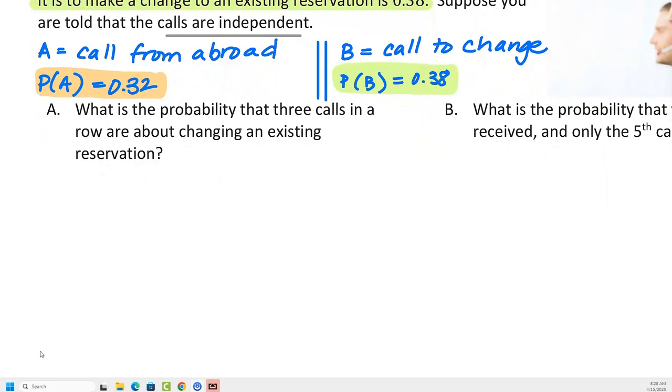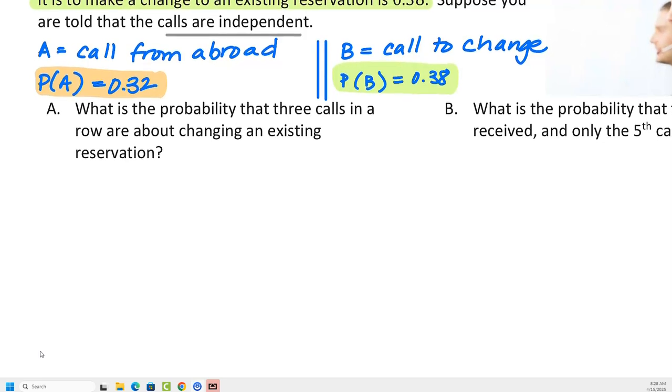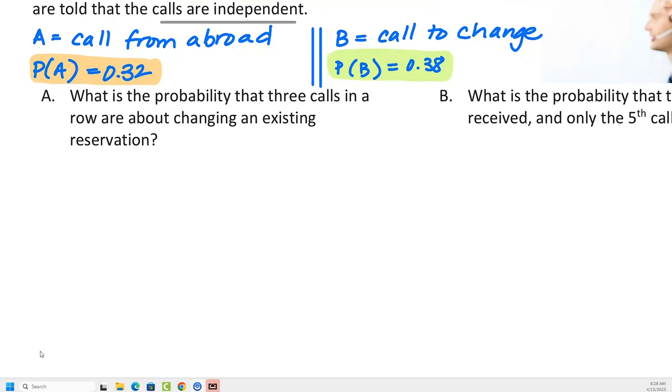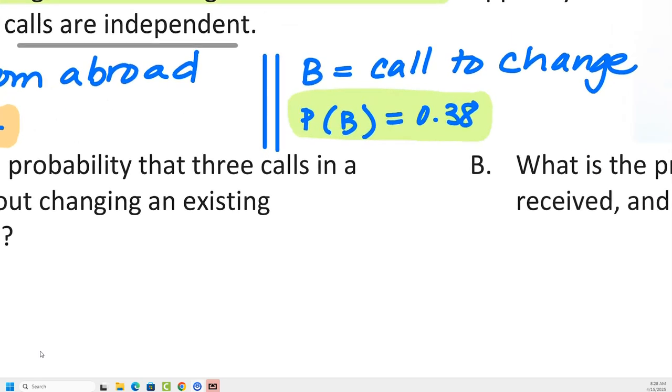So what is the probability that 3 calls in a row are about changing an existing reservation? I meant to use C for change instead of B. Are you guys okay if I switch that B to a C here?